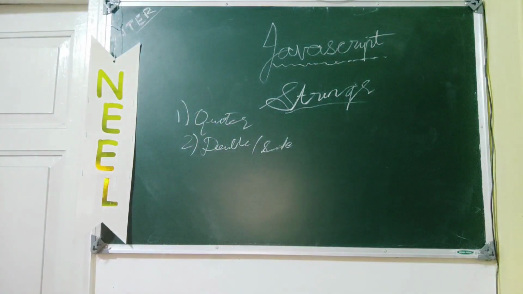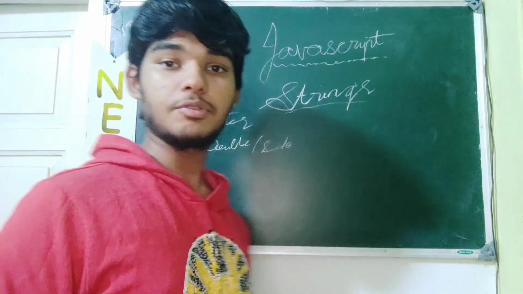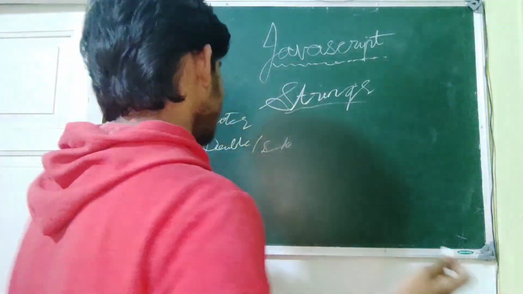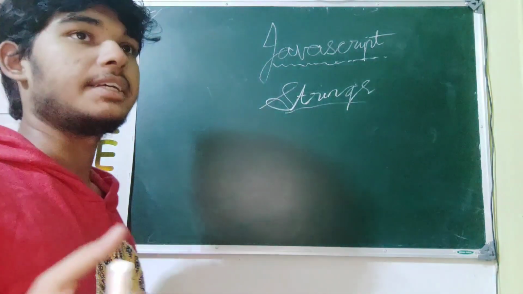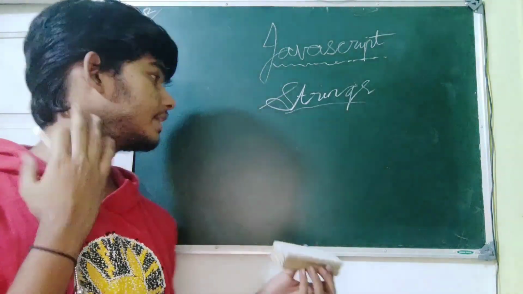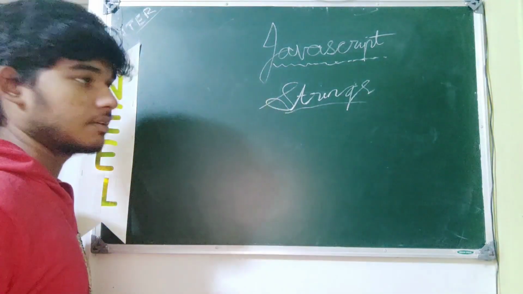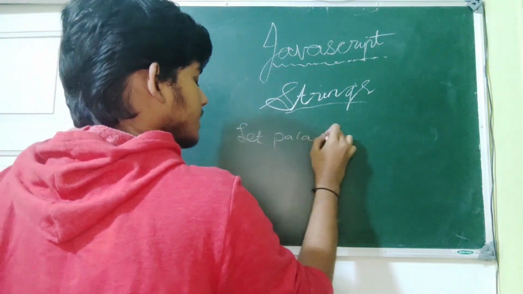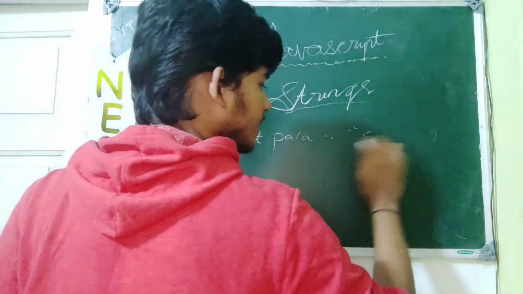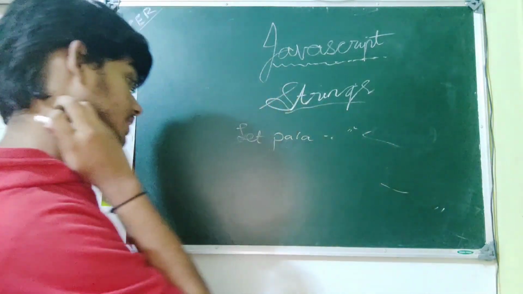Before we talk about that, we also need to talk about text length. Let us assume that you're writing a really big paragraph of strings and you want to define that inside one string. You wrote let para is equals to, and you've written some very long text inside the one string.